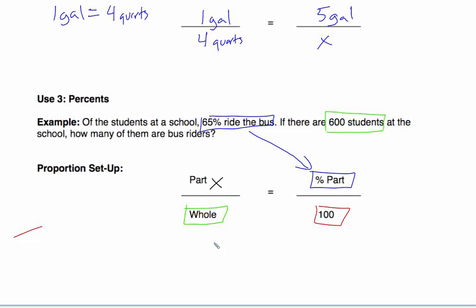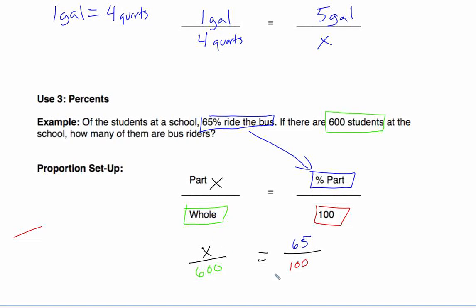All right, so let's see what this looks like when I write it out now. So my part is x, and my whole is 600. And that's equal to 100 on the bottom, and my percent part is 65.